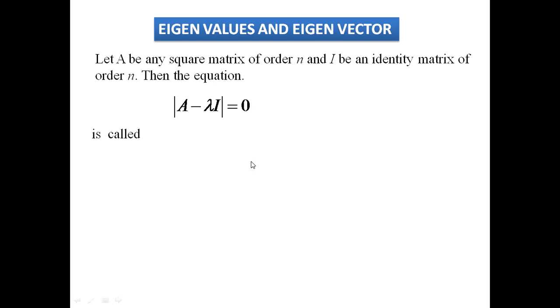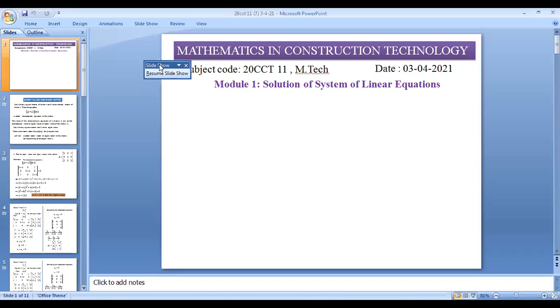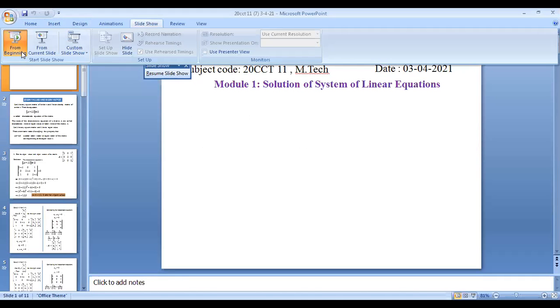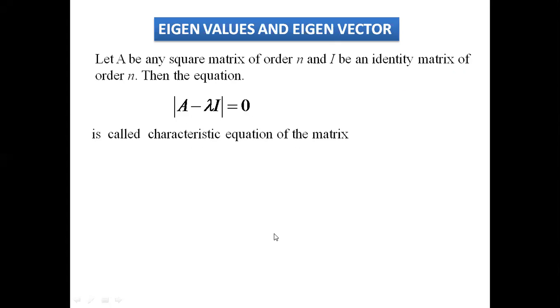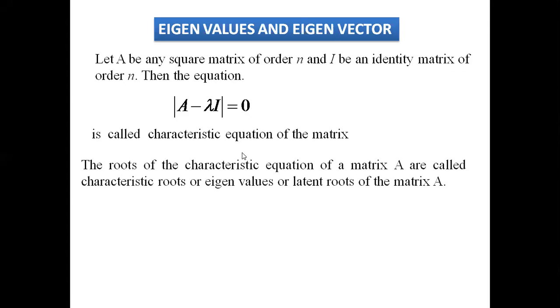If you solve the characteristic equation, you can find the values of lambda. If the matrix is of order n, there will be n roots for this equation. These n roots obtained are called eigenvalues of the matrix, or also called characteristic roots, or latent roots of the matrix.